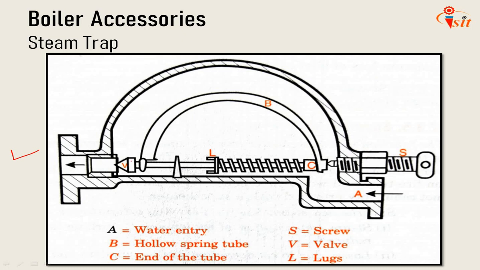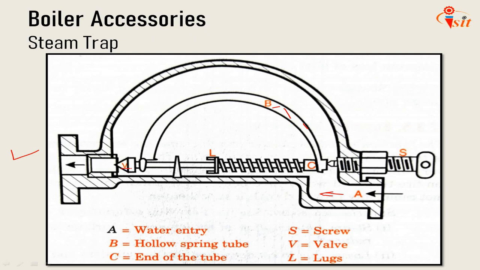A hollow spring tube B, so this is hollow spring tube of nickel steel, contains a liquid which becomes a gas at temperatures above the lowest that the steam is likely to have. The water enters at A, and being lower in temperature than the steam, it causes tube B to contract and the valve is opened.